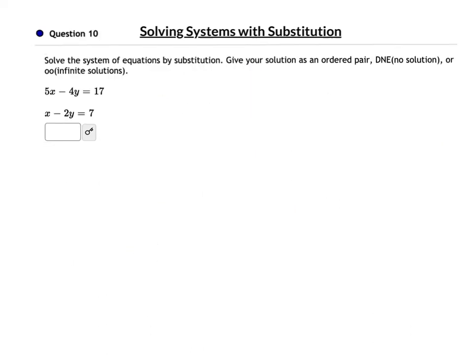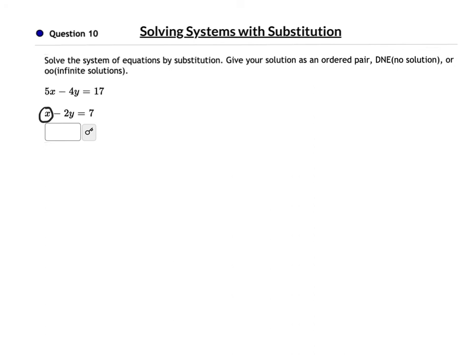Our last question is like the previous question in that we don't have a variable by itself. You need to get a variable by itself in order to substitute. Just like the last question, you want to choose the one that has a coefficient of 1, that there's nothing in front of the variable.